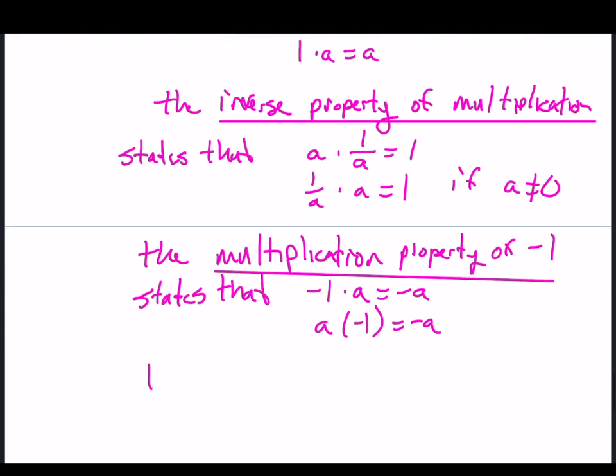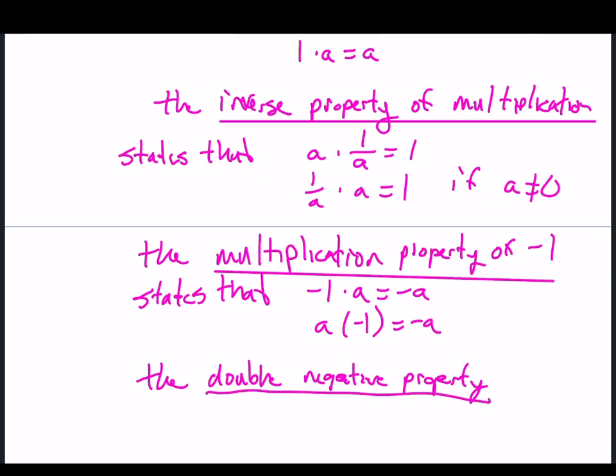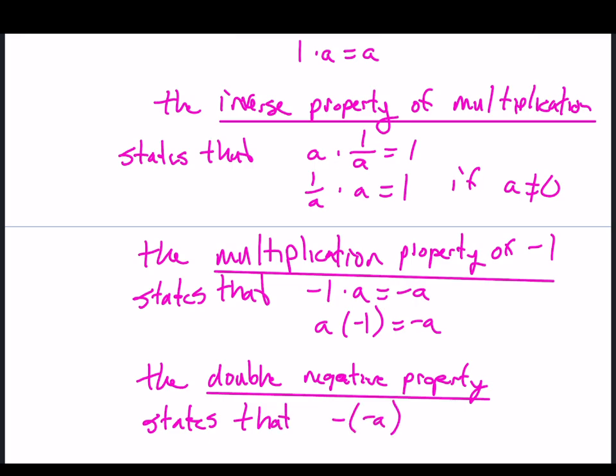And then finally, the double negative property states that the negative of -a is just equal to a. Basically, if you take the negative of something, you end up with just what you started with.